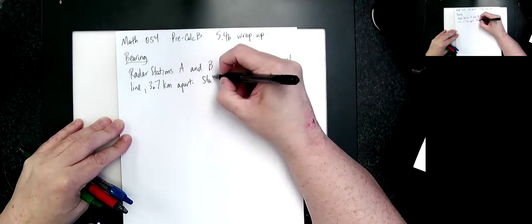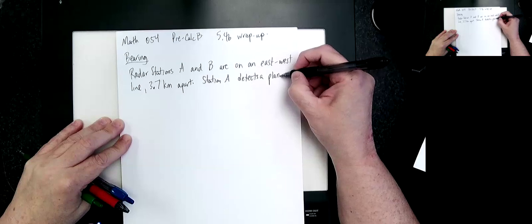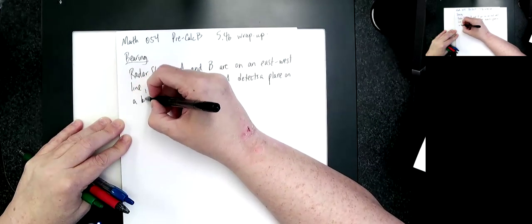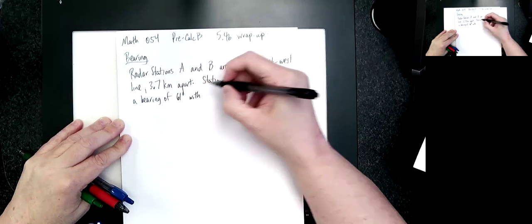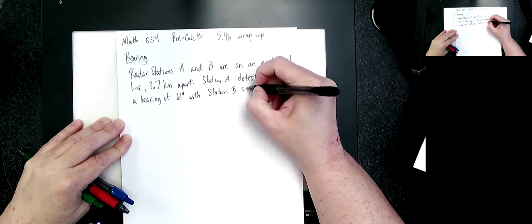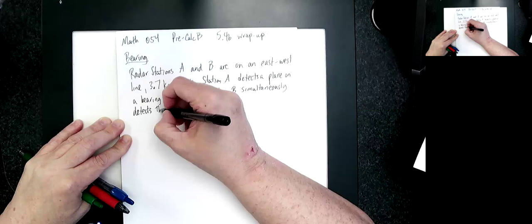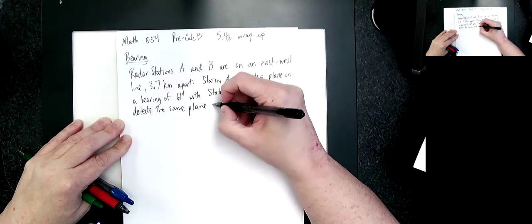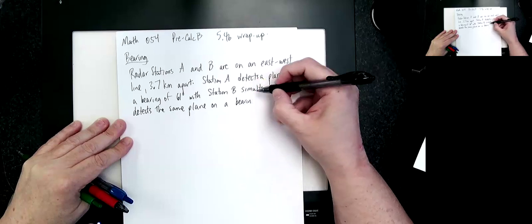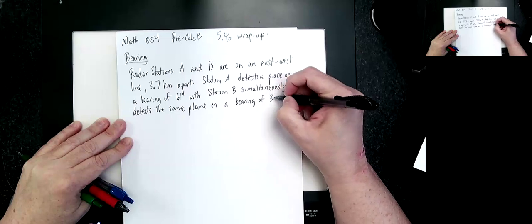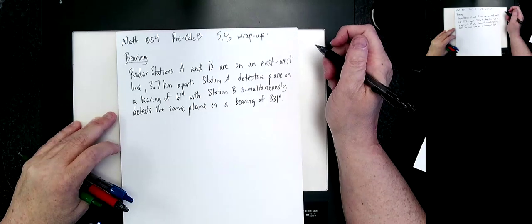Station A detects the plane on a bearing of 61 degrees, while station B simultaneously detects the same plane on a bearing of 331 degrees. So we want to find the distance from A to C.